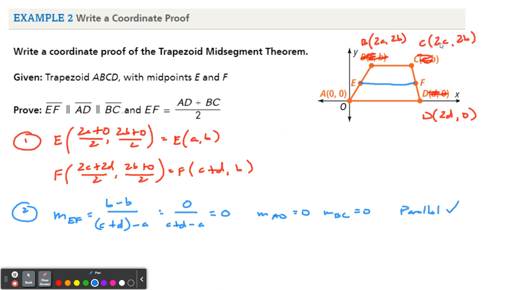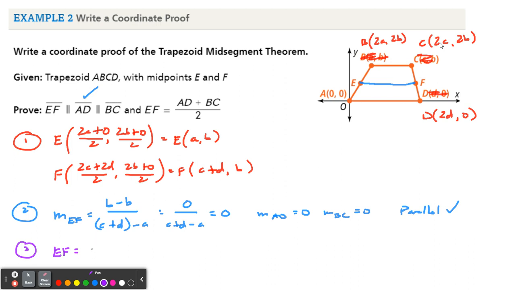All right, so we proved the first thing, so that's proven. Now the second thing we have to prove is that the lengths are the same, right? So we're going to use distance. Now for this one you kind of have to use the distance formula, so I'll do the first one, but then I'll show you what we can do because it's horizontal. To find EF, I'm going to take F's coordinates and subtract E's coordinates.